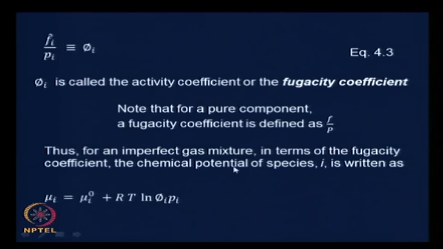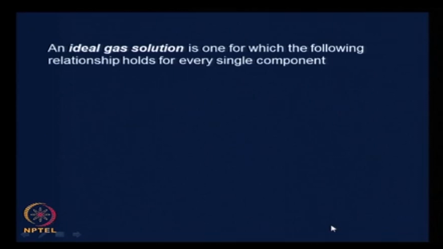Therefore, we could write mu equals mu i naught plus RT ln Phi i Pi for an imperfect gas mixture, and if we expand Pi into P yi, total pressure times the mole fraction, we get mu i naught plus RT ln Phi i P yi as the expression for mu i. And this one is what we need to focus on.